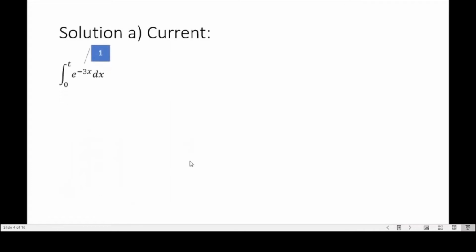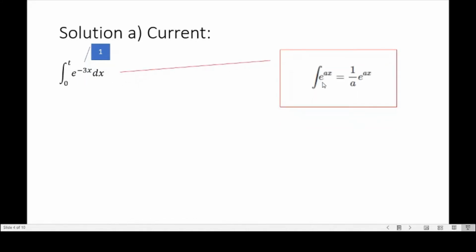Okay, so let's solve for the first integral. Solving for the integral from 0 to t of e to the negative 3x dx, what we know about exponential integrals is that it's equal to 1 over a times e to the ax, where we could see that a is just negative 3. So we end up with e to the negative 3x divided by negative 3, from 0 to t. When we have an integral like this, we put in t first, and we put in 0, and we subtract them from one another.